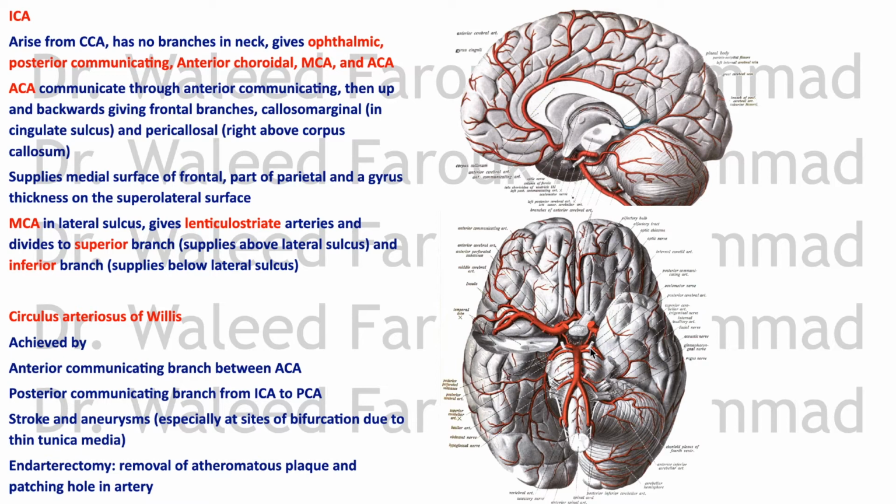So it's a weak spot in the wall of the artery. And this area, especially in some congenital diseases, is liable to aneurysms, especially at the sites of bifurcation. And a ruptured aneurysm in this area is devastating.